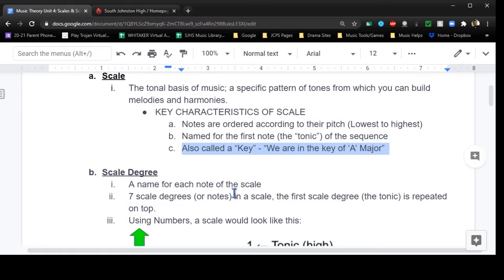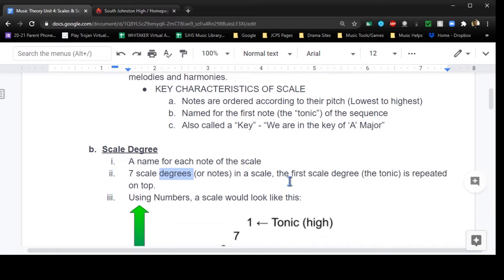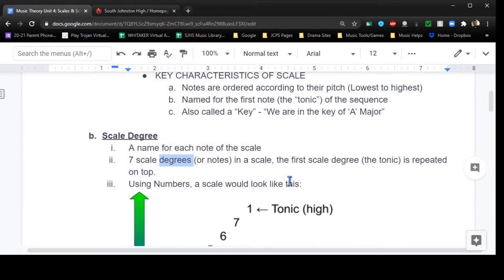A scale degree is a name for each note of the scale, and there are 7 scale degrees in a scale. 1, 2, 3, 4, 5, 6, 7, and then it starts back on scale degree number 1, which is A. The first scale degree, the tonic, is repeated on top, so it starts on A, ends on A, for example in the key or scale of A. From here on out, if you hear me talk about a key, I'm talking about a scale. So we're in the key of A for this moment, okay?